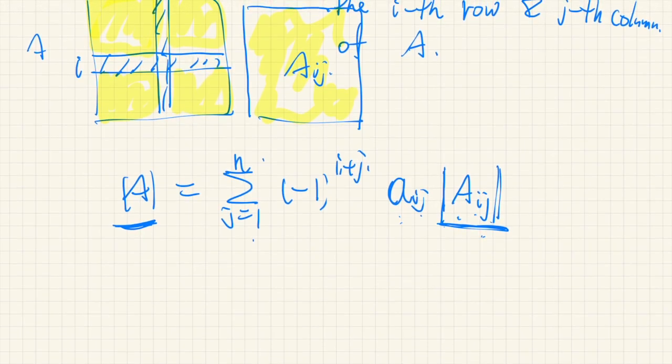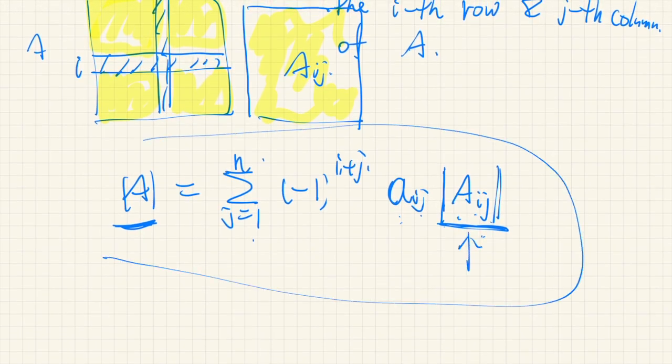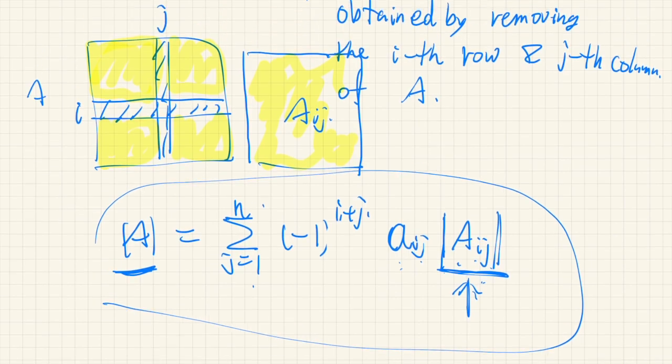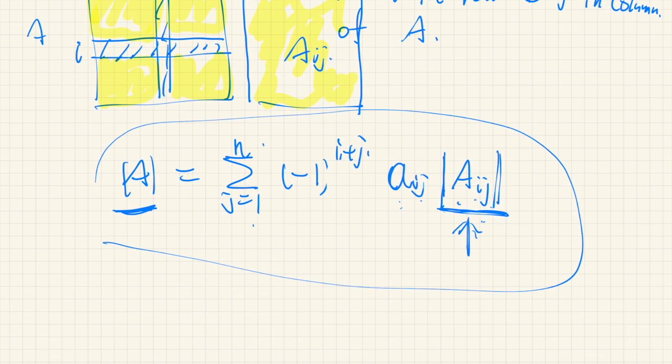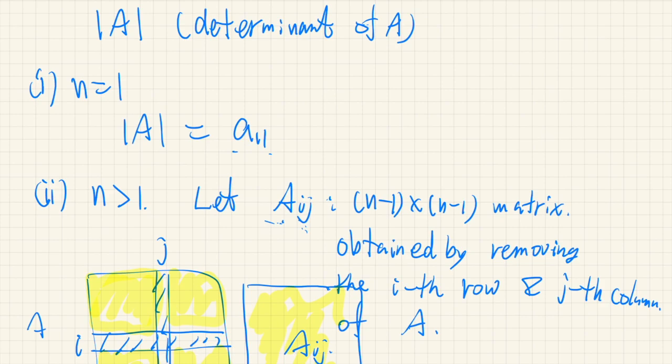But in order to calculate these determinants, we apply the same formula again, but for this smaller matrix. So to do that, we need the determinants of even smaller matrices, right? So that will be the matrices of the size n minus 2 by n minus 2. And we continue this over and over until we reach n equal to 1. For that case, we know how to calculate that.